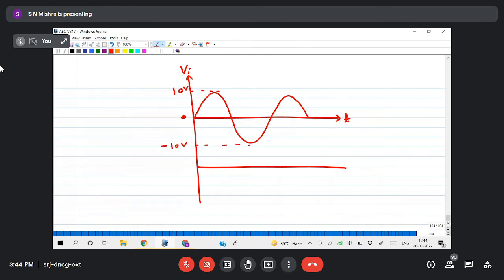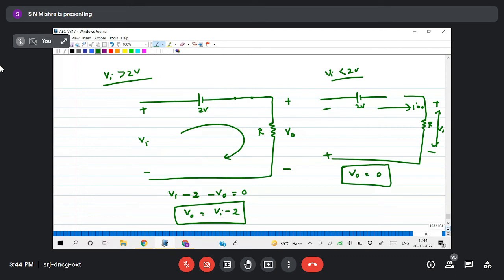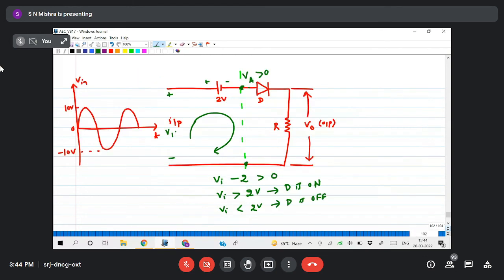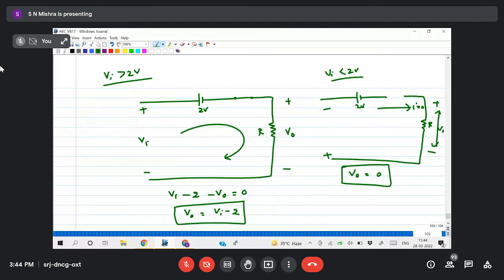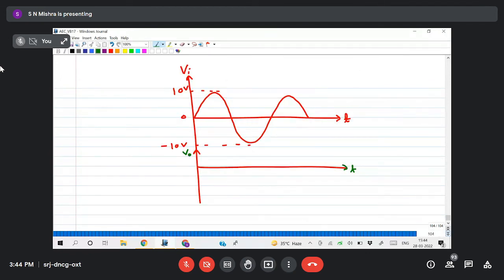Now this is your input and this is your output. Output I am drawing using a blue line. So what is my reference line? 2 volt. Whenever the voltage is more than 2 volt, diode is on. Less than 2 volt, diode is off. So I'll first draw the input 2 volt line. Let us take this is my 2 volt.